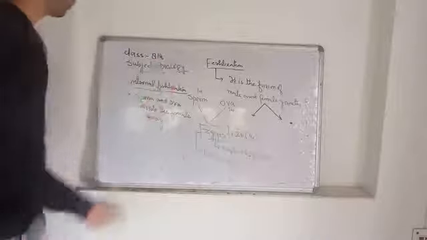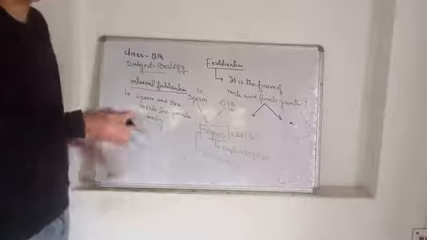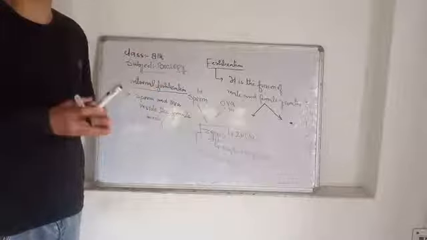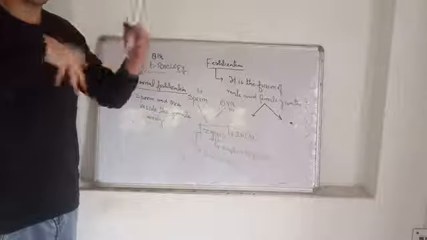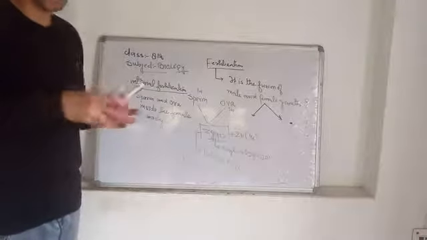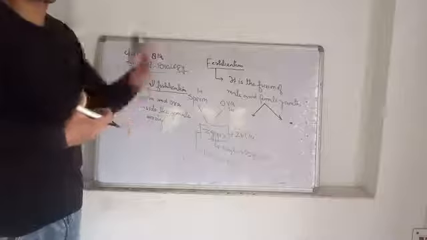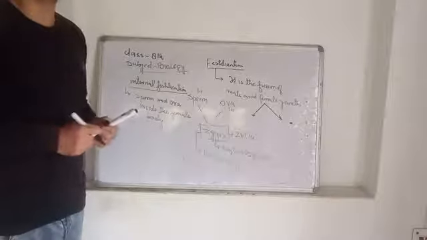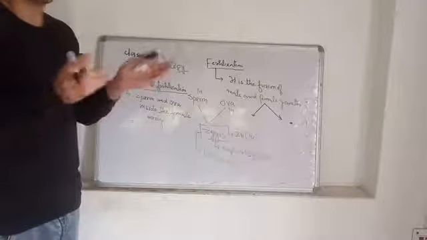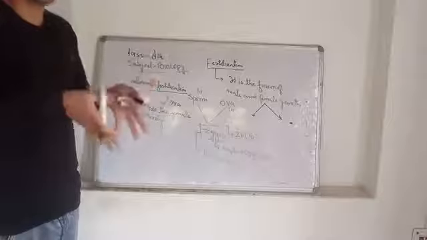Now pen down an important point over here. In case of humans, the fertilization takes place inside the reproductive organs. There are different reproductive organs over there. Let me tell you about these organs in future lectures. There is the ovary, the fallopian tube, the uterus, then the cervix and vagina.